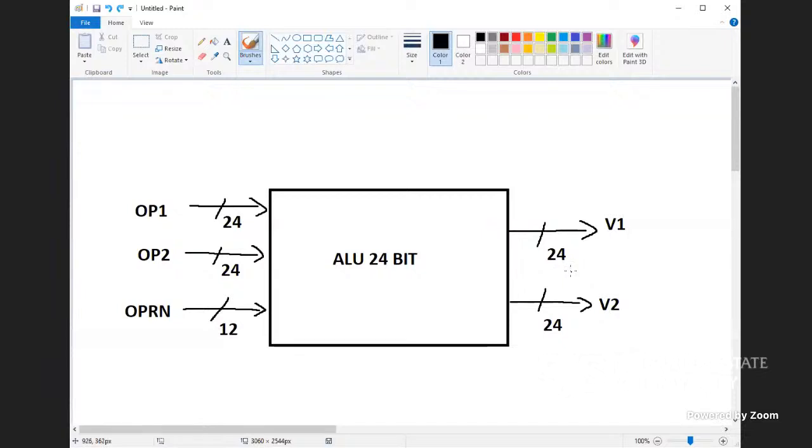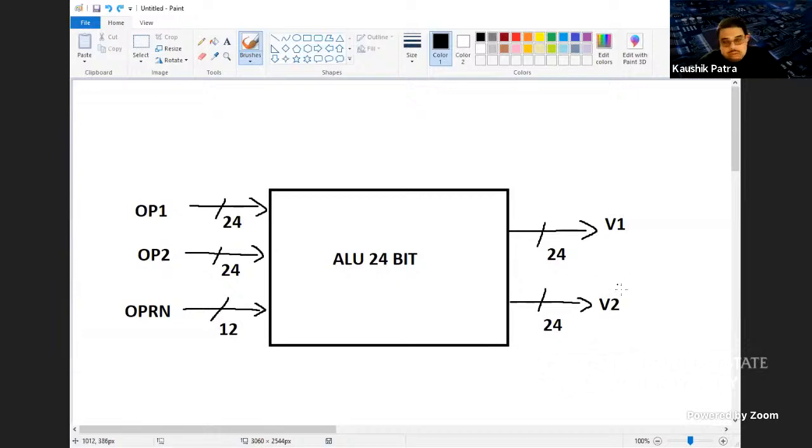But for V1 and V2, I don't know if those should be split to 12 instead, or kept at 24. They are kept at 24 because it has two outputs. So that means it's 24 bit. Operand 1, operand 2 are 24 bit, and you're correct in the direction of the buses and the notation of the buses. It's a pretty neat diagram.